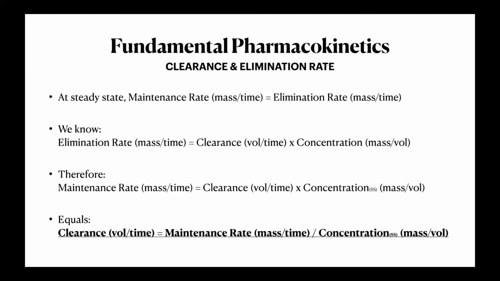What we're going to do is define clearance in terms of maintenance rate. You move concentration over to here so that clearance equals the maintenance rate divided by the concentration at steady state.